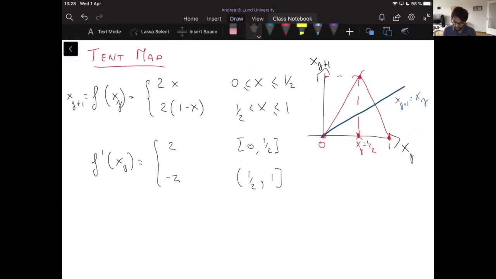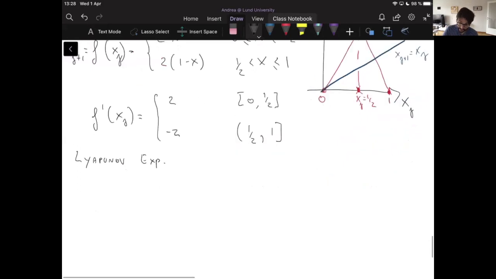And now we can study the Lyapunov exponent for the tent map. That's very easy to do, because if you remember, the Lyapunov exponent is given by the average of the logarithm of the absolute value of the derivative.